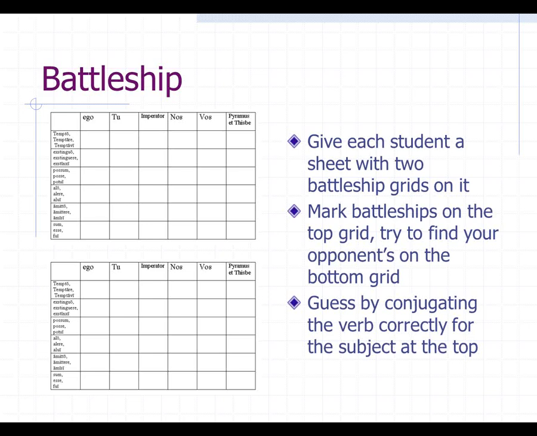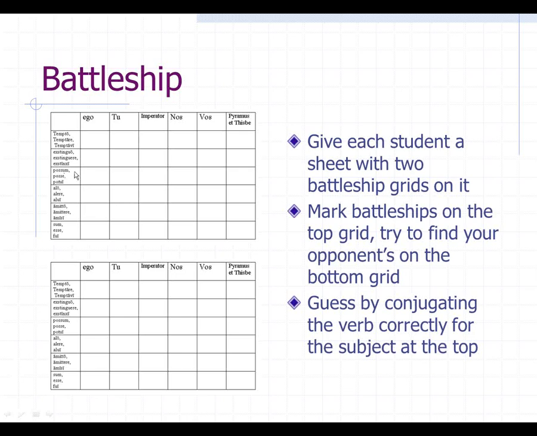And then once the ships are hidden, to guess a space, you line up the verb along the side with the subject at the top, and then conjugate the verb for that subject in the tense that you've been practicing for that chapter. This board goes with chapter 17 of the first year book, so you can see I've given them the 3rd principal part because this is when we're practicing the pluperfect tense.